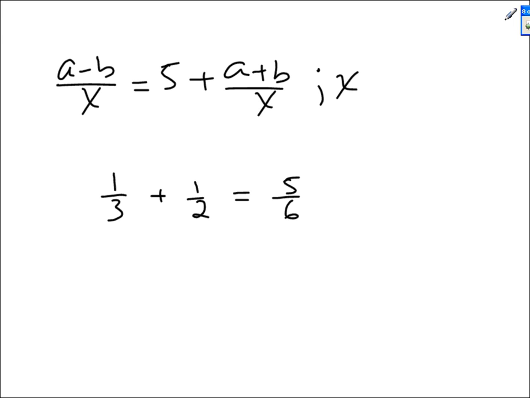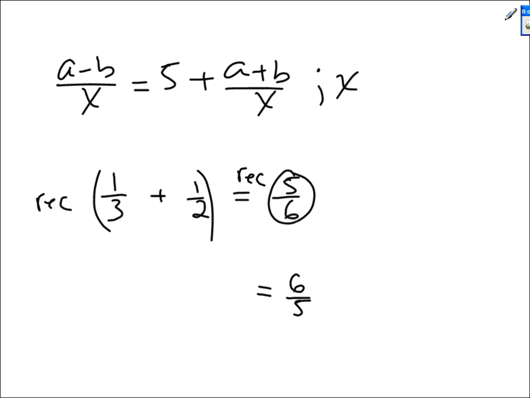Now, if I take the reciprocal of the right side, it's kind of obvious what I get. I get 6/5. So the reciprocal of the left side is equal to the reciprocal of the right side. The reciprocal of the right side is 6/5.